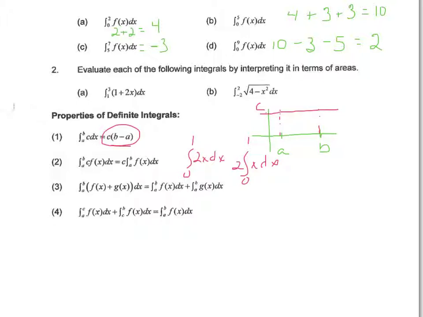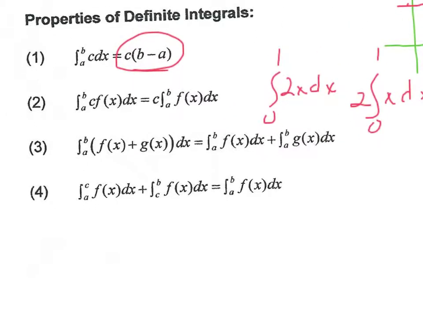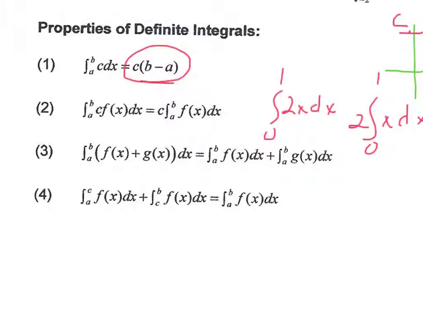The fourth one says that if you're going from A to C of f of x dx and then from C to B, that's the same as going all the way from A to B. Notice this number has to match this number.